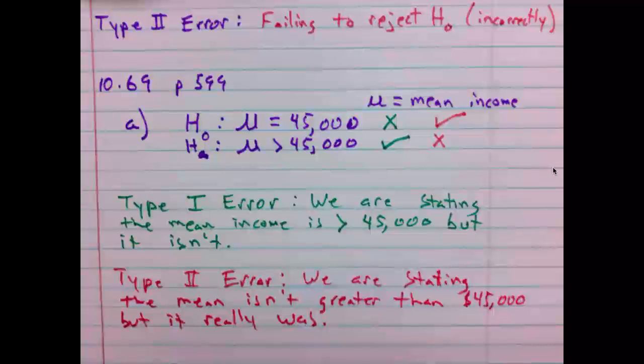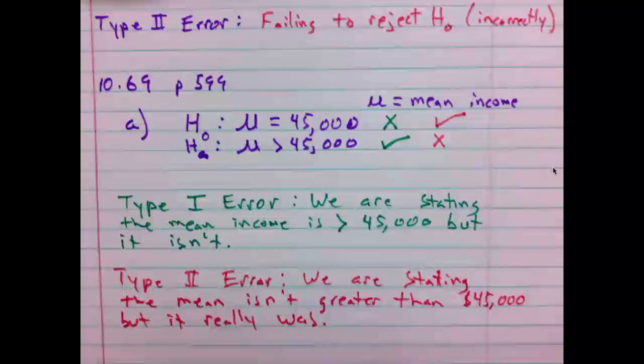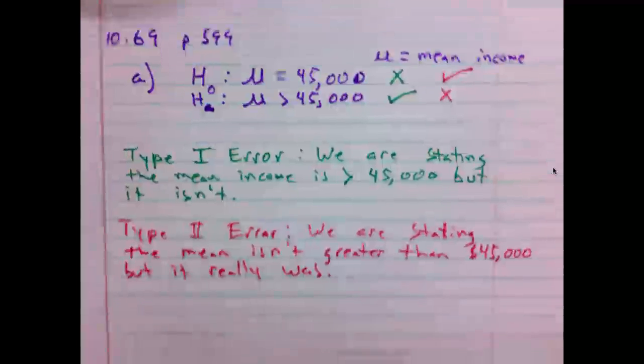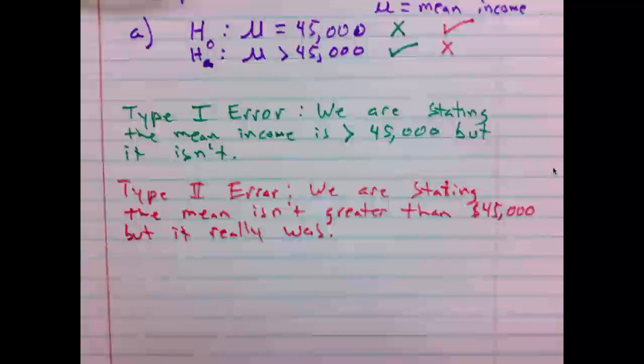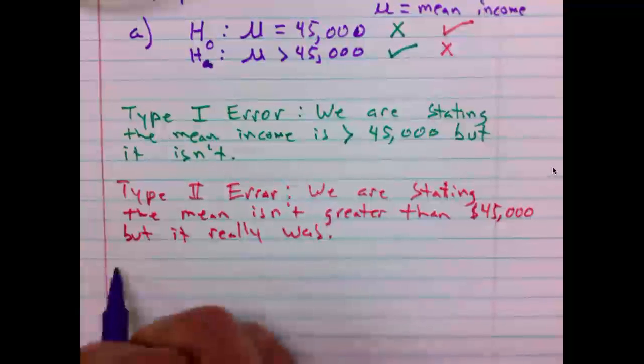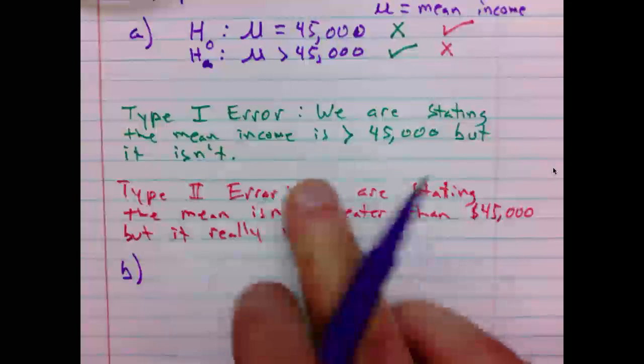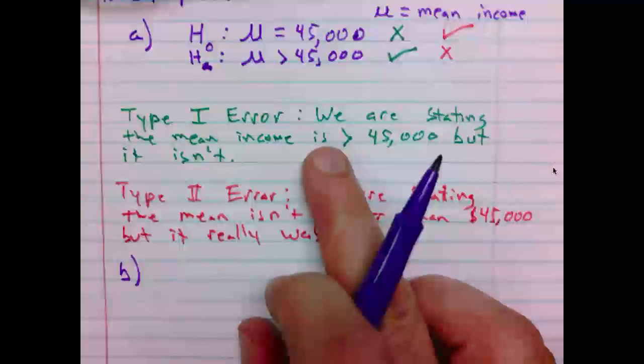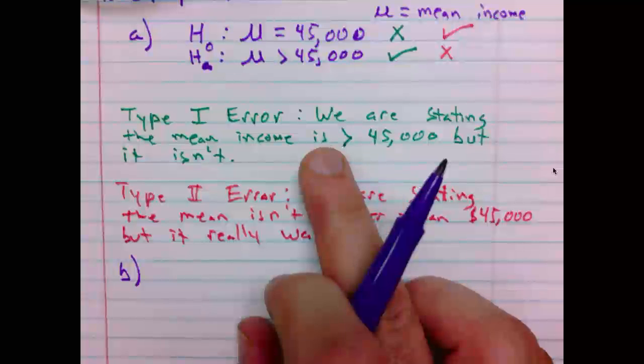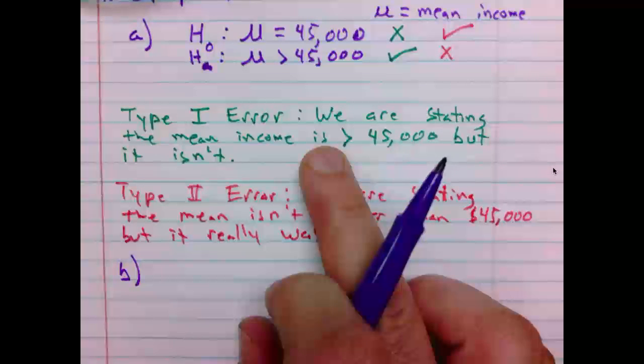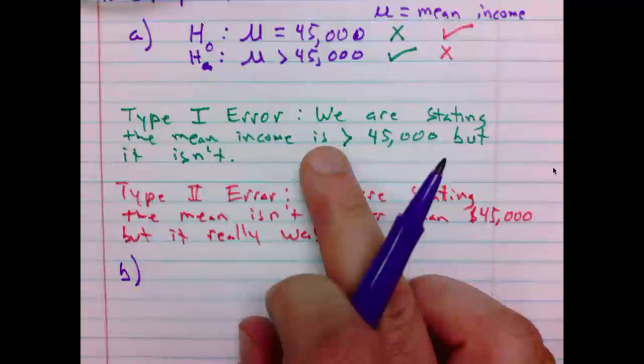Part B, which of these two types of errors is most serious? Well, in this case, in the type 1 error, we are building a restaurant that is going to be unsuccessful.